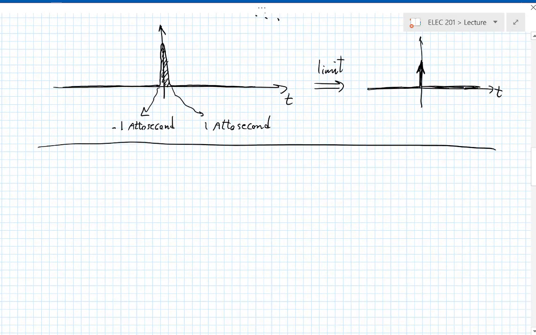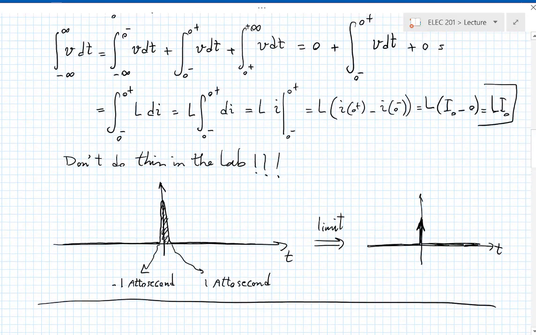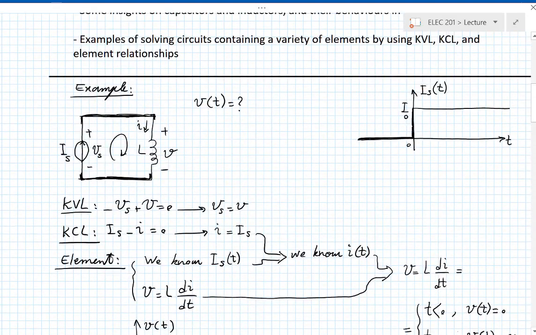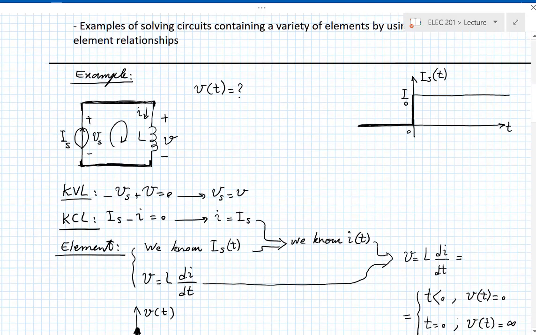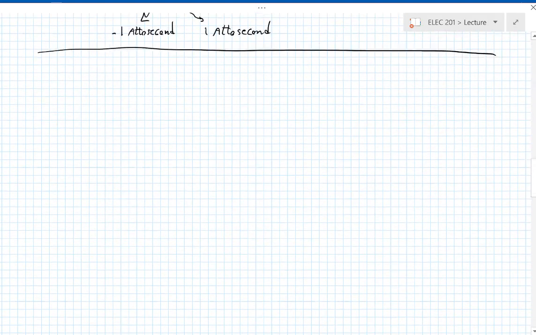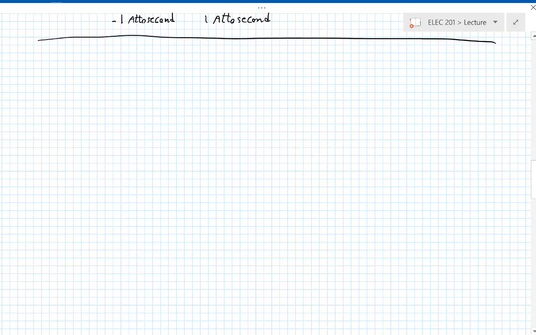So now I want to augment this problem by adding a resistor right next to that inductor. So what we were looking at yesterday. And I want to now come at the same problem from a different angle. So I have the same inductor. I have the same current source.